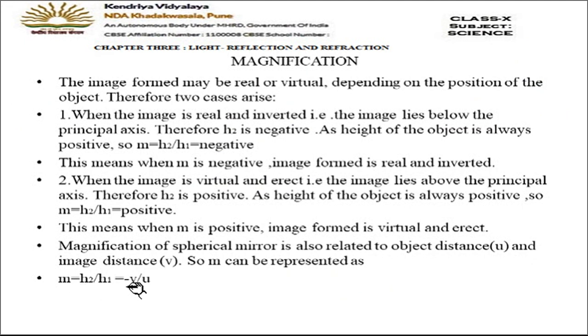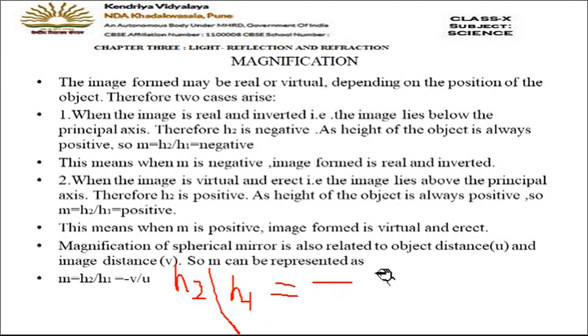Means M can also be related to V and U. This is our formula for M which we have studied, M is equal to H2 upon H1. Now this can also be correlated to the distance of the image and the distance of the object.